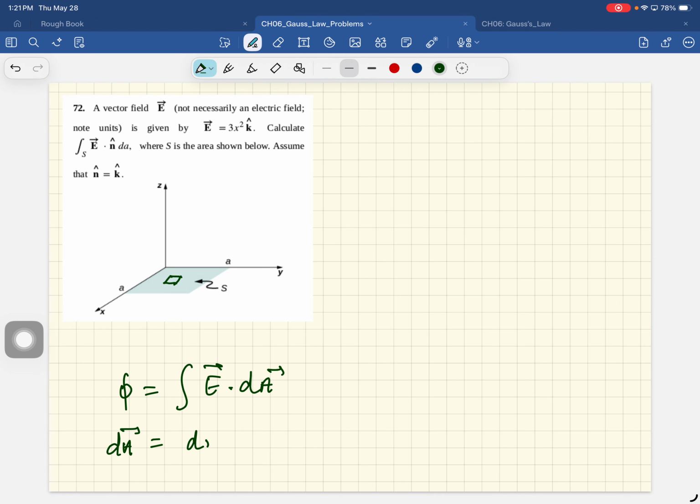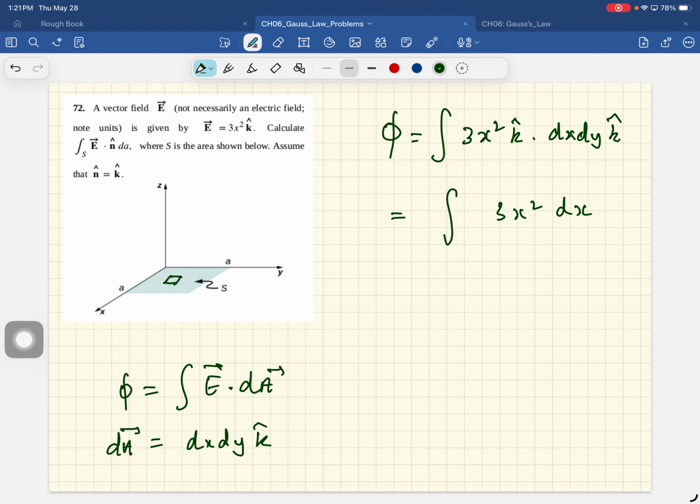So if the International Space Station is going around the Earth, and you flip a switch and turn the Earth into a black hole, the orbit of the International Space Station won't change. Why? The gravitational force on it is the same. Because the black hole would have the same mass as the Earth. It would have to have the same mass as the Earth. Yeah. Okay.